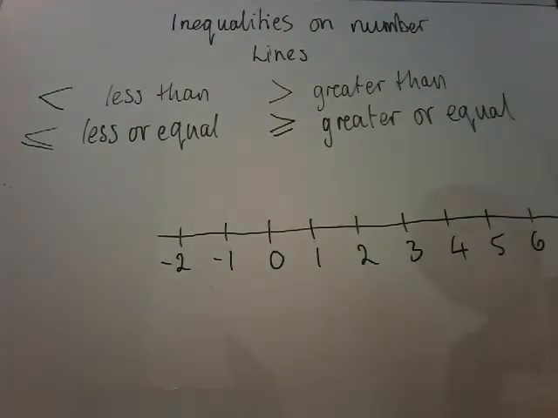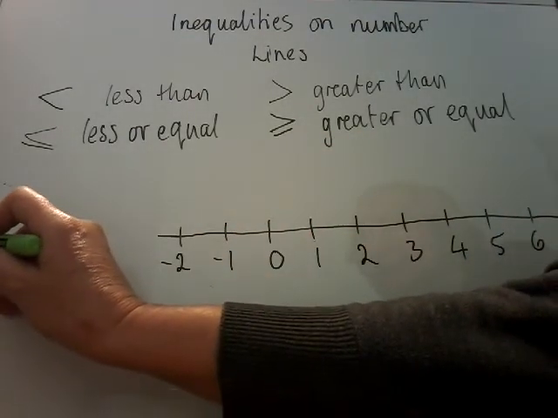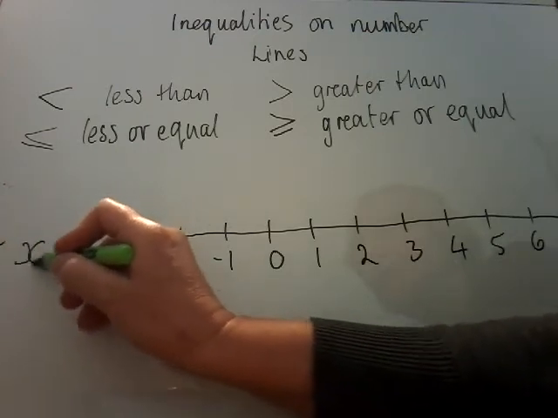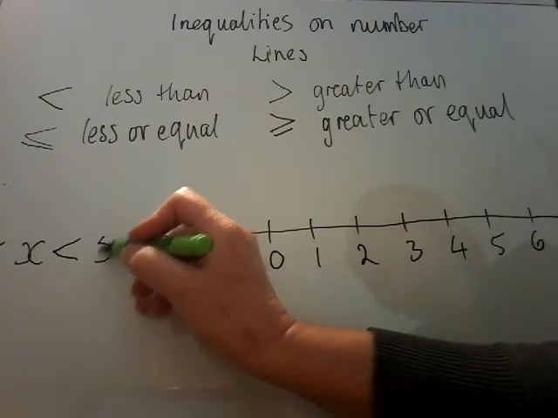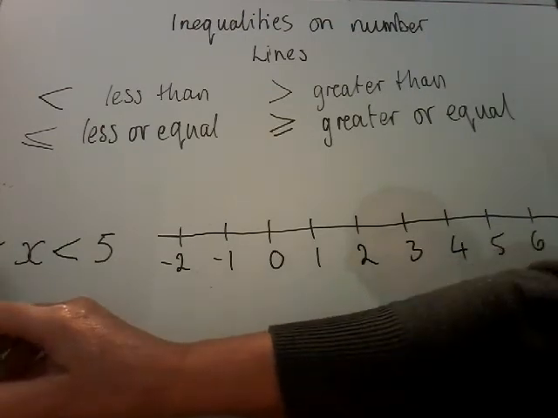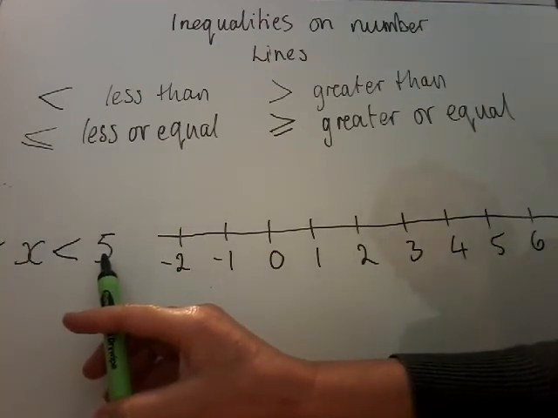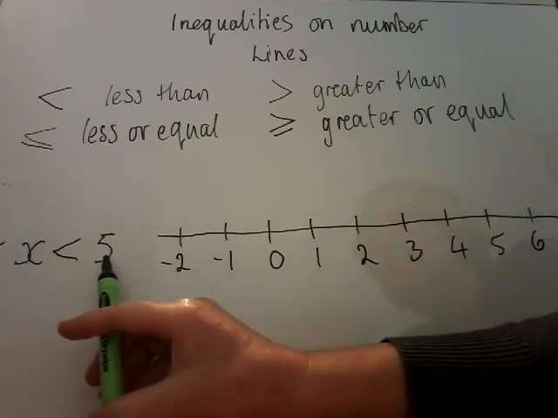Now I want to show you a second example where this time I've got two inequality symbols, and you might see something like this. You might see 1, and then the first inequality symbol, then the x, second inequality symbol, and then another number. So let's read it. It's 1 is less than x, but x itself is also less than 5. So in other words, x is between 1 and 5.